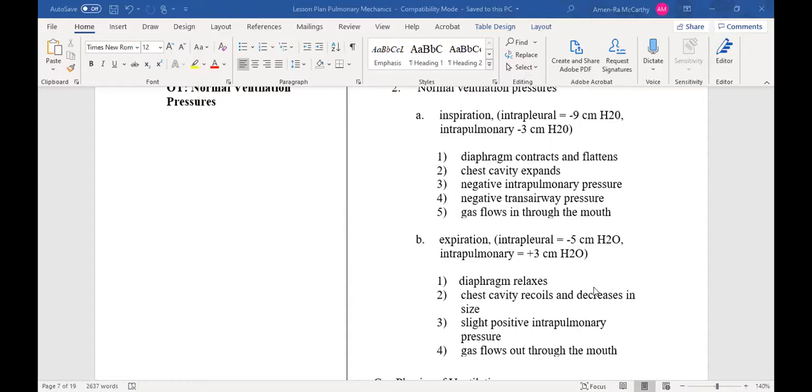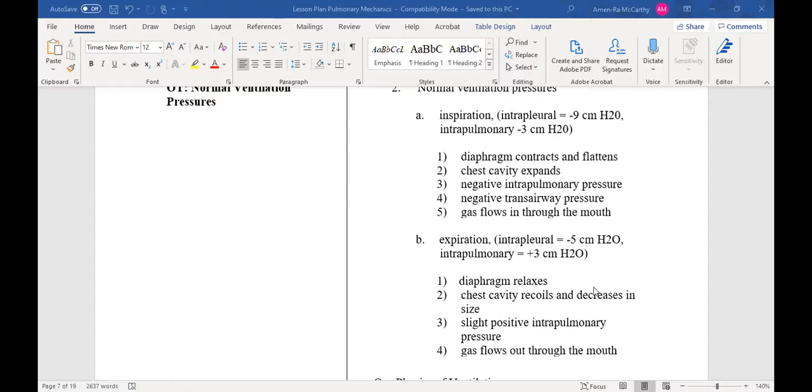There's a slight positive intrapulmonary pressure, and so gas has no choice but to come out of the mouth, because when you exhale, the pressure inside the lungs becomes higher than the ambient pressure. So gas follows the path of least resistance and runs away from pressure, coming out of the lungs.